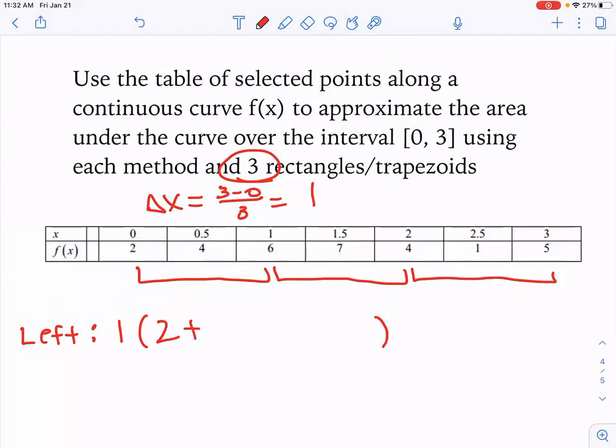What's the height on the left of this second rectangle? 6. And how about the third rectangle? 4. I just went to the left function value of each of those little subintervals.